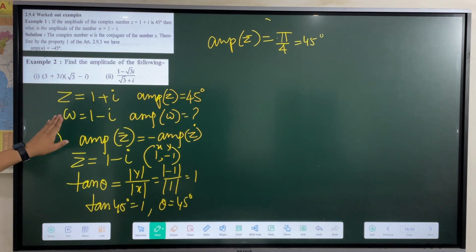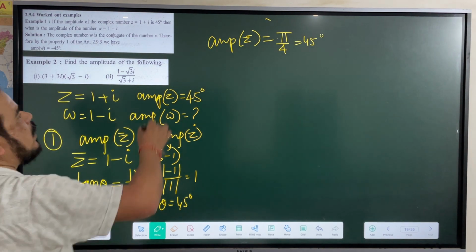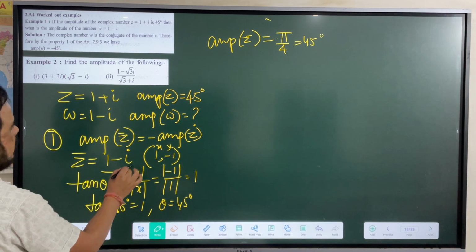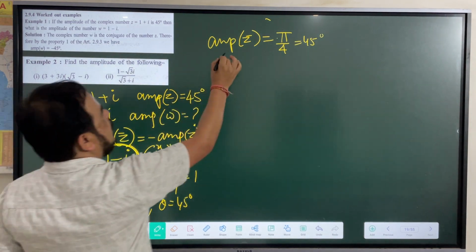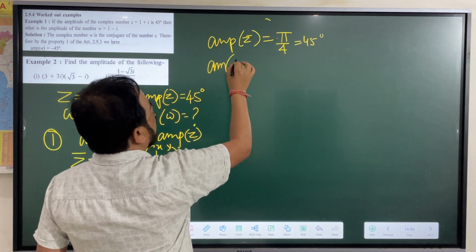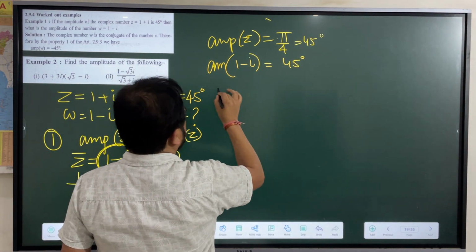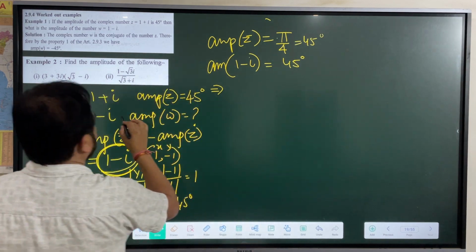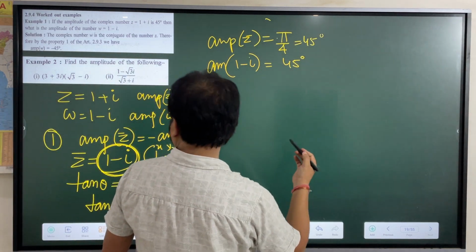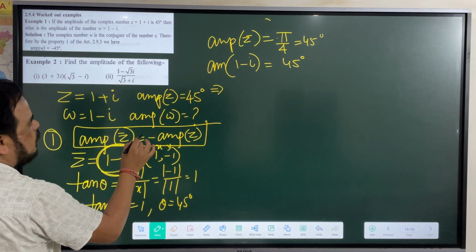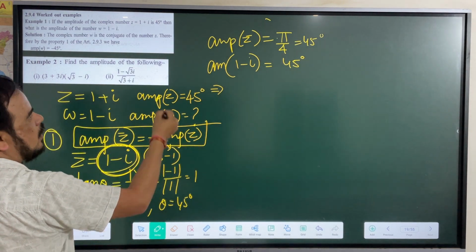What do we have to find out now? The amplitude of 1 minus i. What is the amplitude of Z bar? Z bar is 1 minus i. The amplitude of 1 minus i I have written here. This is 45 degrees only. Look here again, theorem. What is one? This one I have written here. The amplitude of Z bar is equal to minus the amplitude of Z. Okay.